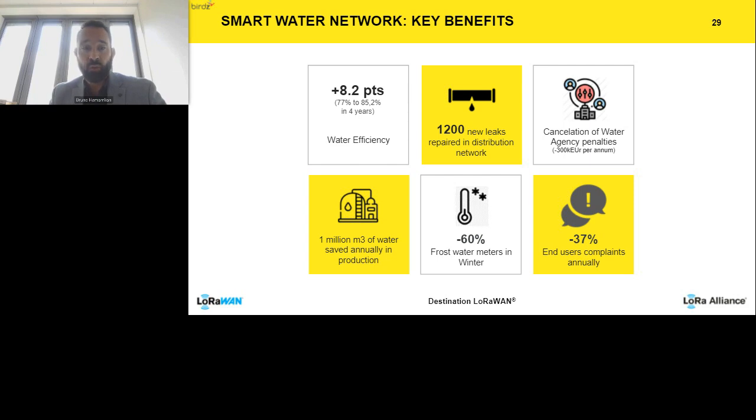Driving actually the water efficiency from the production sites to the clients being increased by 8.2 points. That's a lot. Permitting the utility of Lyon to achieve the bar of 85% of consistent and permanent water efficiency above the 85%. Driving then the cancellation of the water agency penalties for non-compliancy with the target, representing 300,000 euro of penalty a year.